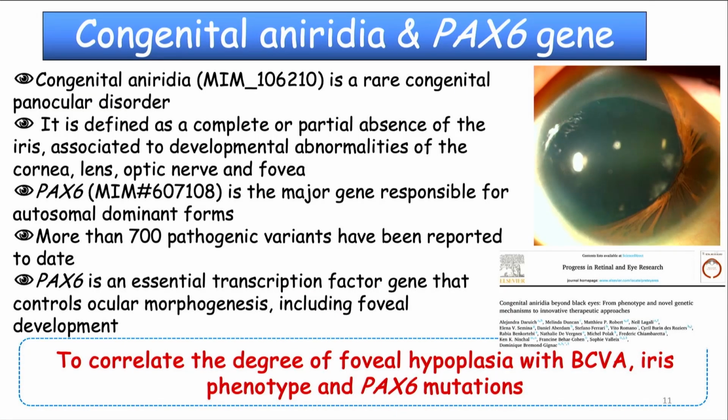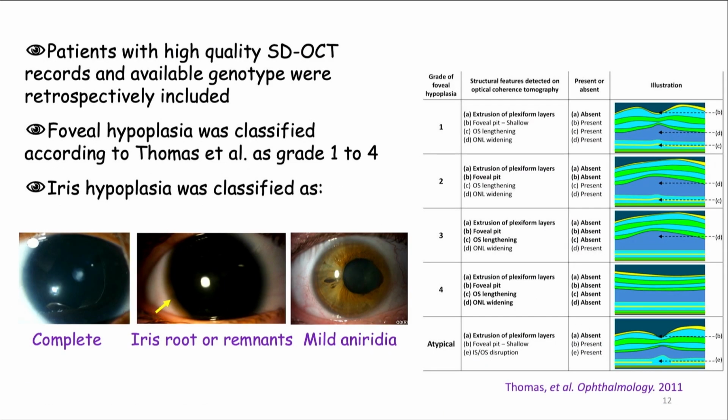So it was interesting to correlate the degree of foveal hypoplasia with BCVA, which is the best corrected visual acuity, and the iris phenotype and PAX6 mutation. I will not detail that, but you understand the design of the study. We also did high quality OCT to record and to have the grading.